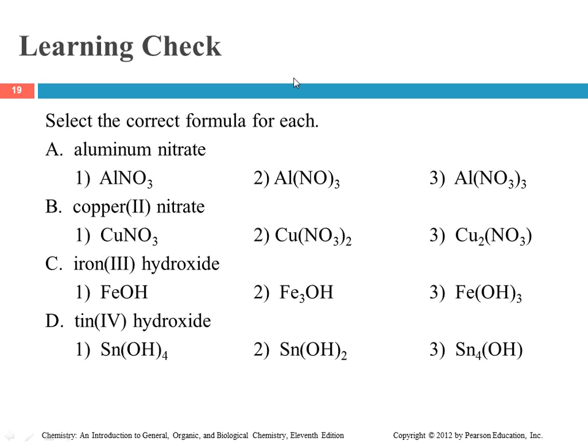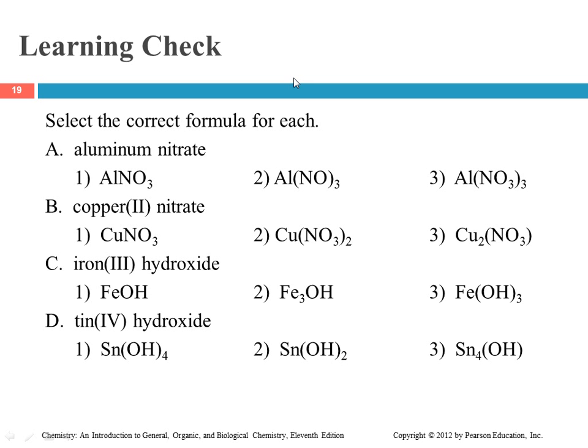So if we're going to write the formula, we're going to write out aluminum, and it's in group 3. And then we know that we have nitrate. So you go and you find nitrate on your chart, and it's NO3. Okay, so the whole polyatomic ion has a -1 charge.